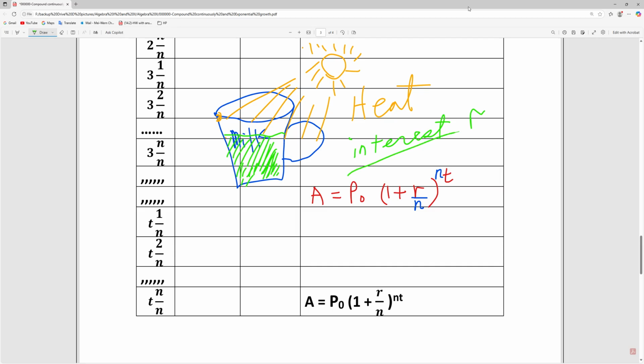How does it grow? There's a rate. Even though I don't know what the rate is, it depends on sunshine, how hot it is, and what type of milk, or many conditions. But one thing is, the bacteria growing in the milk won't compound annually. They will keep going on compounding, right?